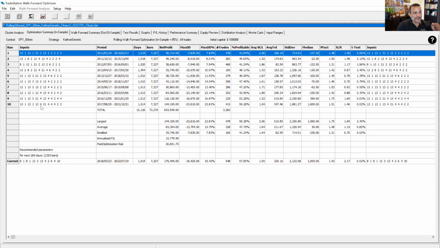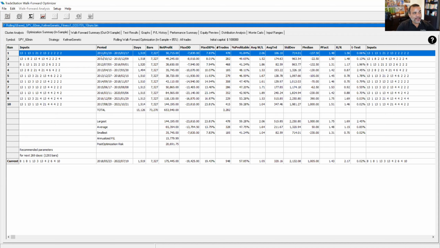You can see the variation in the inputs. The inputs are going to change from run to run. Remember that it's going to optimize in sample, find optimal parameters in sample, and apply those to the out of sample. Some of the input parameters are not going to change. Some of them will, but you can see the input parameter combination that was tested and the period of time.